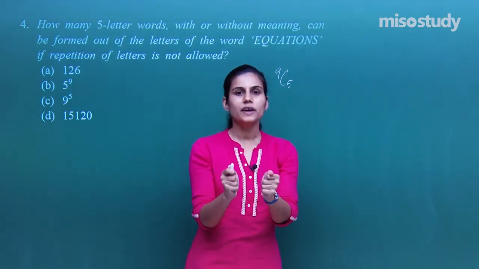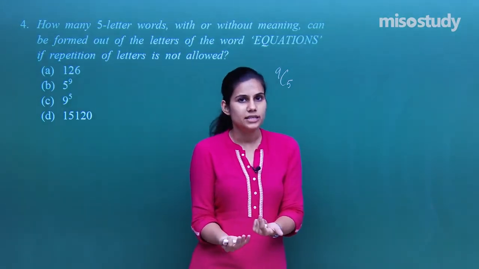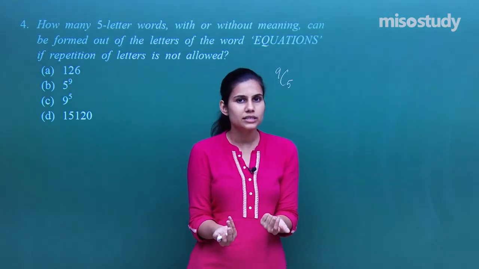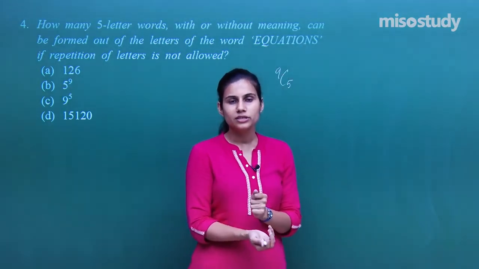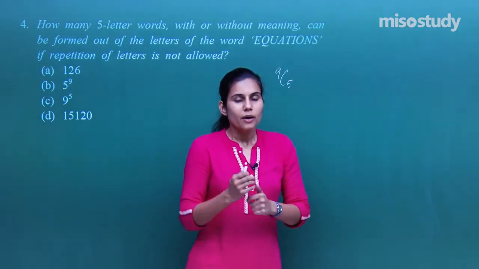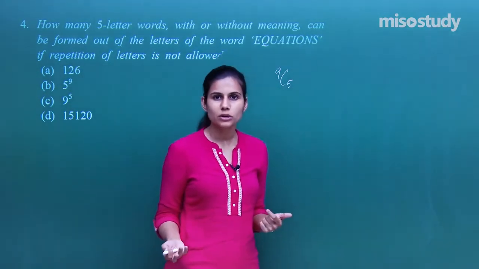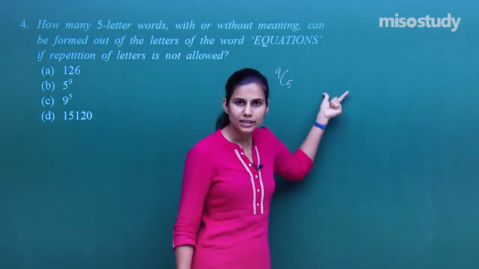Now the selected 5 letters can be arranged in how many ways? In 5 places. All are distinct, right? That means no repetition is being taken into consideration. So the moment I have selected 5 letters from the letters of the word EQUATIONS, there are 9 letters in that. Now how can I arrange these 5 letters in 5 places? I can do that in 5 factorial ways. So each of these selections is giving me 5 factorial arrangements.